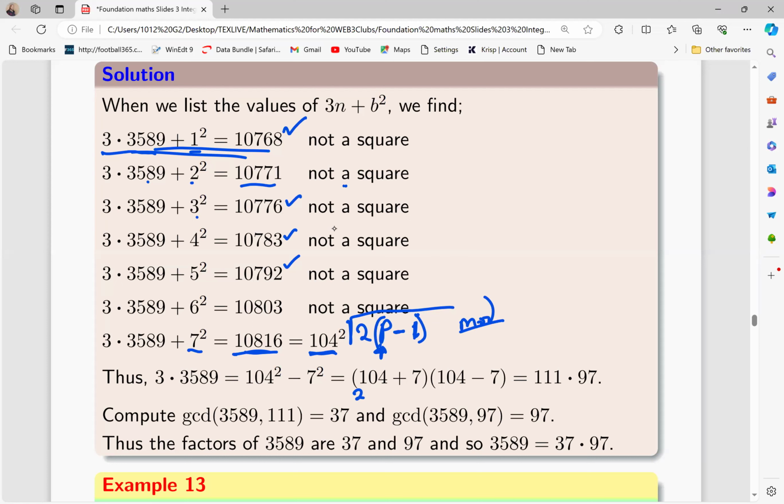But if I use 3 or any other odd number, I expect that whatever I get here will be a perfect square at some point. But if it's just 2 that I've used, I will not have reached a point where I get a perfect square.